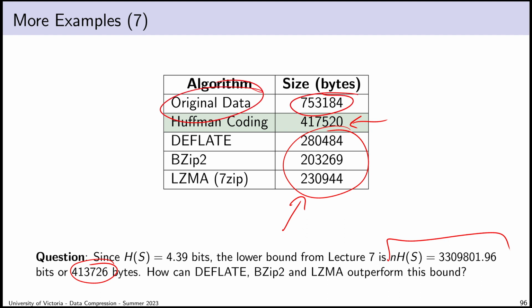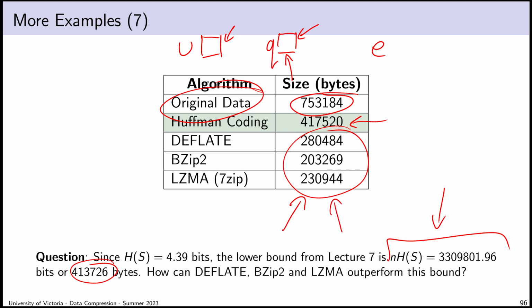This original data, an English book, isn't a sequence of independent symbols because there are dependencies. Once I see the letter Q, it's pretty likely that I will then see the letter U. The probability that this character is U is different than the probability that the character after the letter T is U, or in fact, even this: if I see the letter U, it's pretty unlikely that the next character is the letter U. Whereas in general, the letter E is very common, but it's pretty unlikely that an E comes after a Q. So there are dependencies between symbols, and as a result, this bound doesn't actually apply.